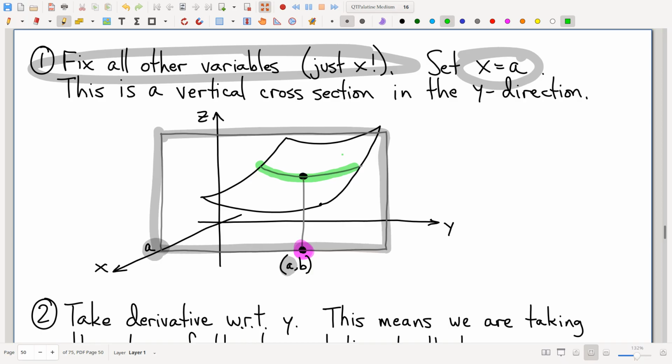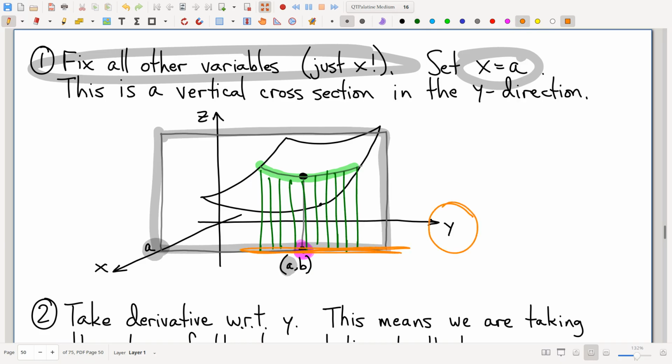And check it out, that's exactly what I have. The value of the function is height, and y is representing my movement down here in what you might call the domain. So this is literally the graph of that new function.